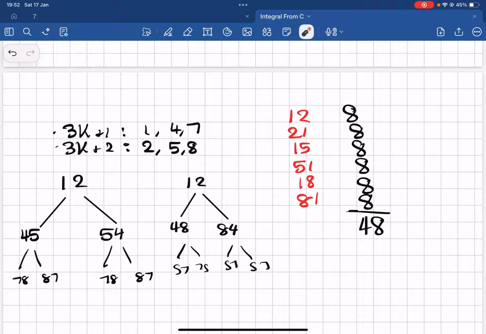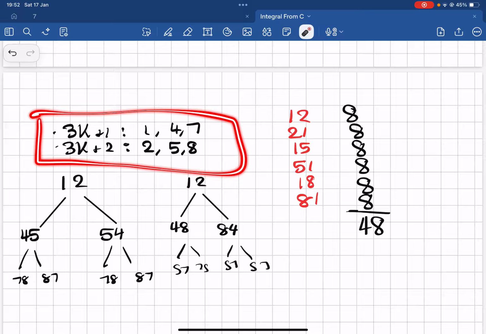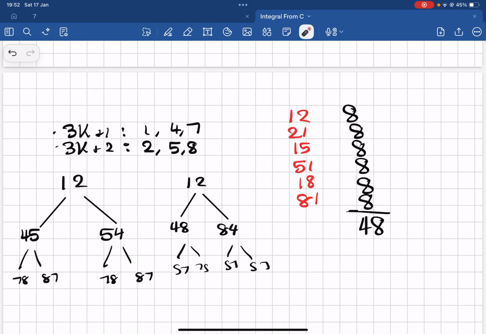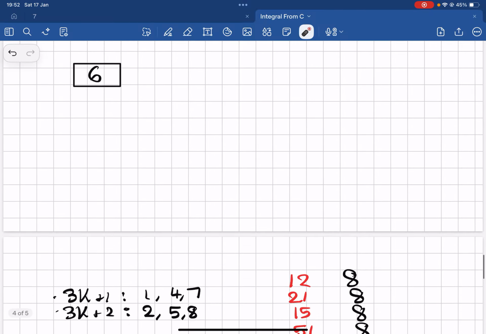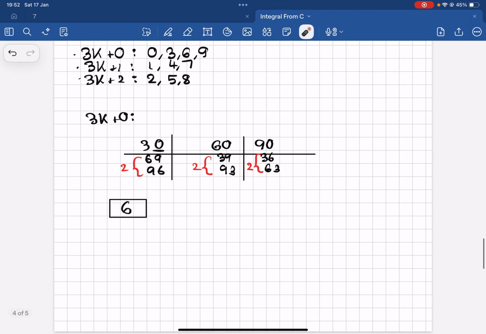That means we do not have to consider this any further. We know that there are 48 ways to form 3 two-digit numbers using these two classes. We've considered all the cases. Now we have to merge this with the answer before.